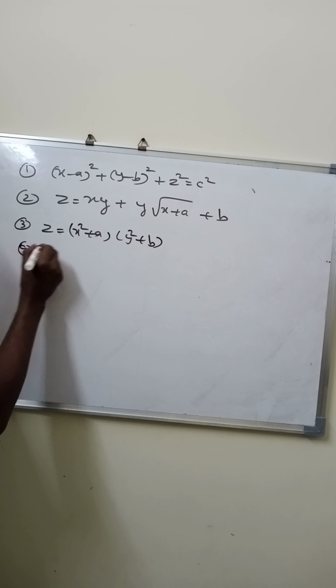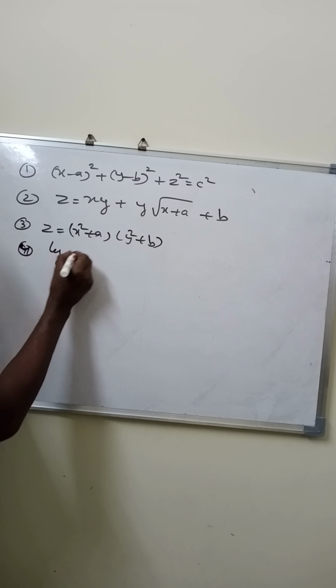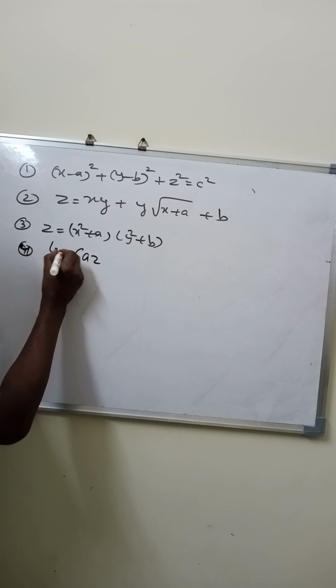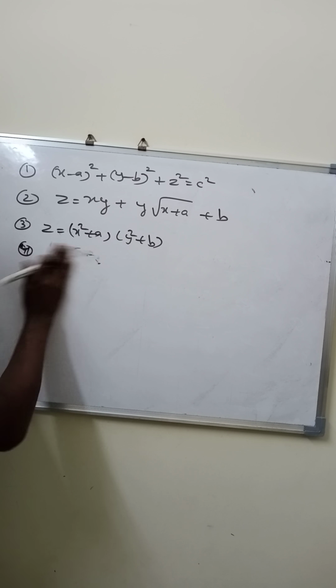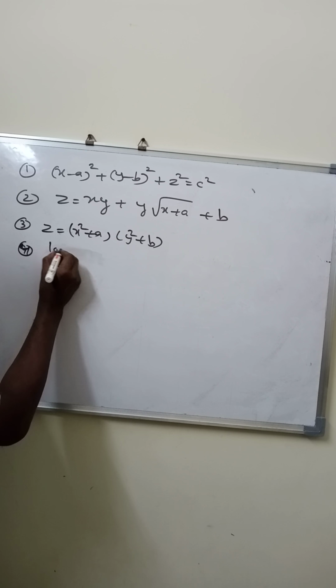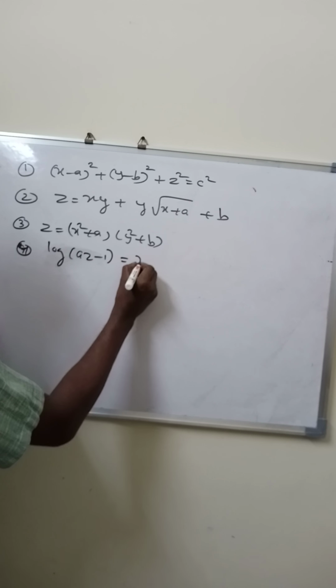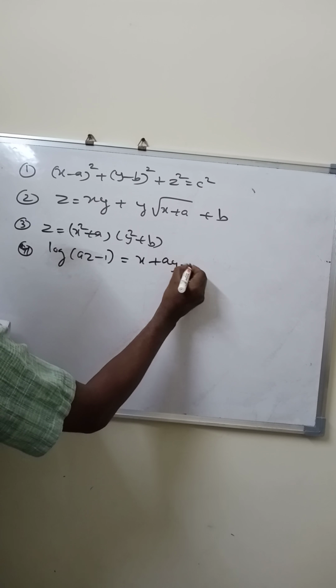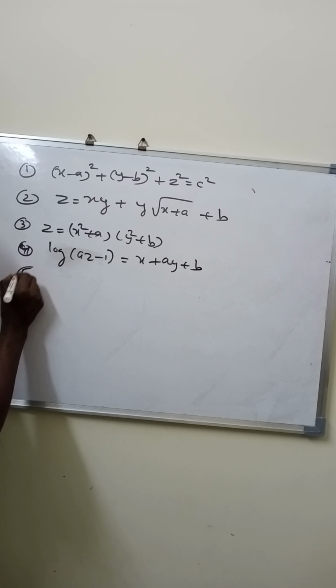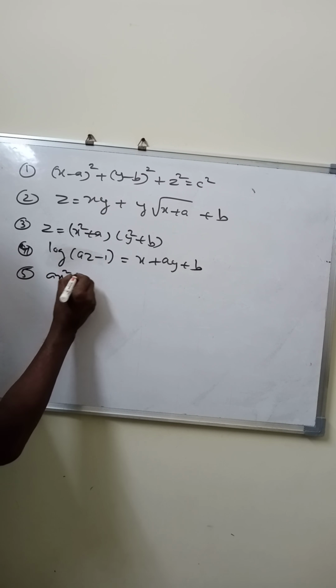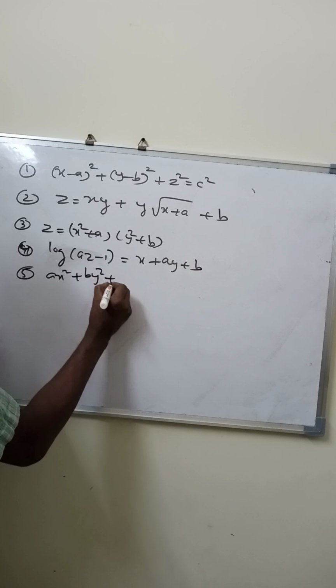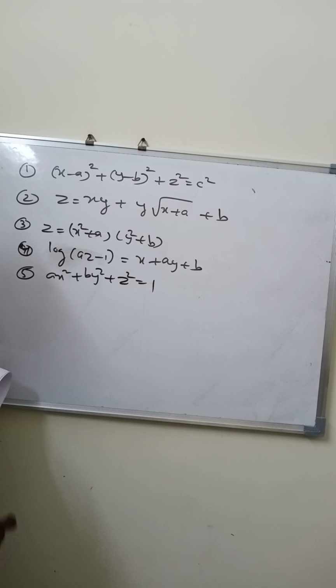Fourth question, log of (az minus 1) equals x plus ay plus b. Fifth one, ax square plus by square plus z square equals 1.